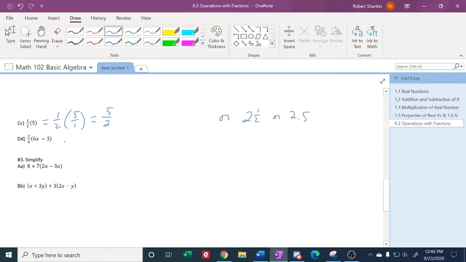And then this one, we have to distribute this. This is the distributive property of multiplication, and notice it's going over either addition or subtraction, which is the case. 2/3 times 6x over 1 minus 2/3 times 3 over 1.